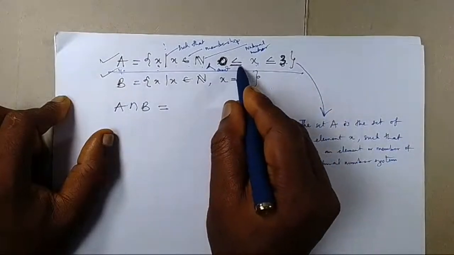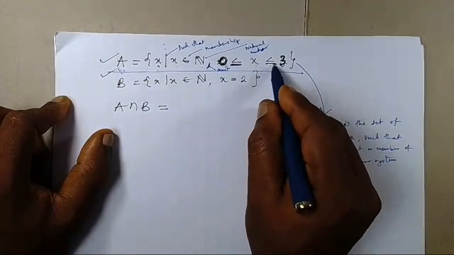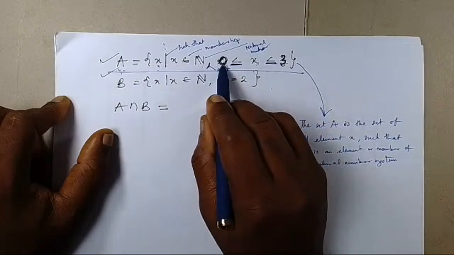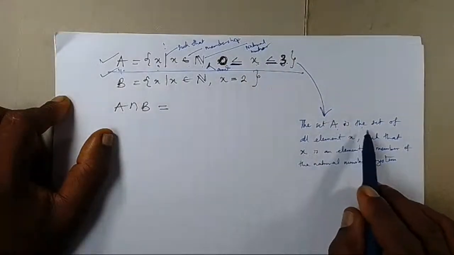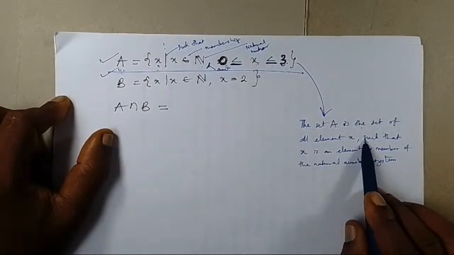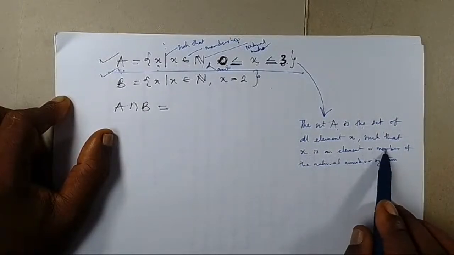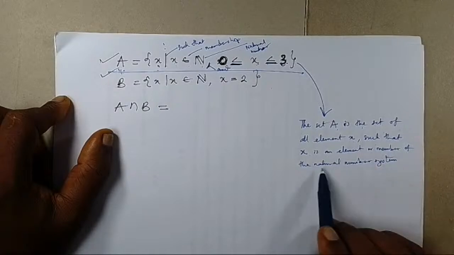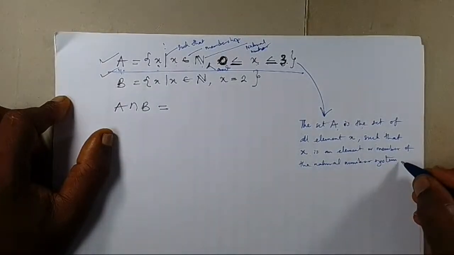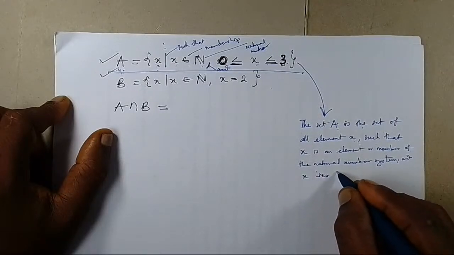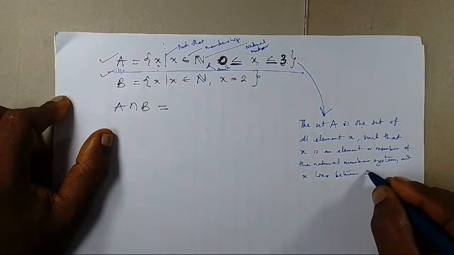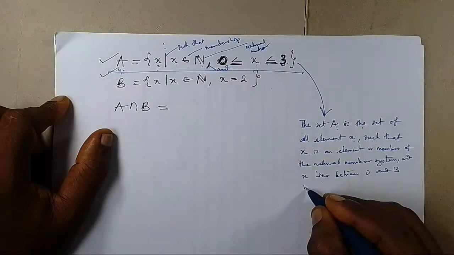Why? Because there is an equal to here permitting the possibility of x being 0 and x being 3. So the set A is the set of all elements small x such that x is an element or member of the natural number system, and x lies between 0 and 3 included.